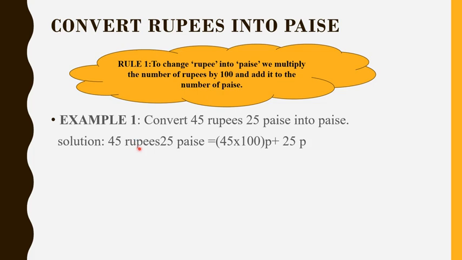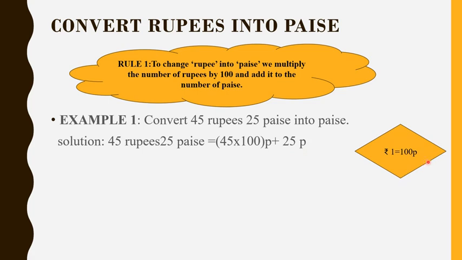So 45 is in rupees form, and we are going to multiply 45 by 100. We will write 45 into 100 paise, plus we will add 25 paise, which is already in the question.